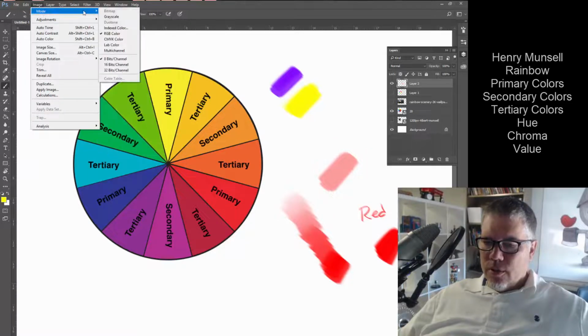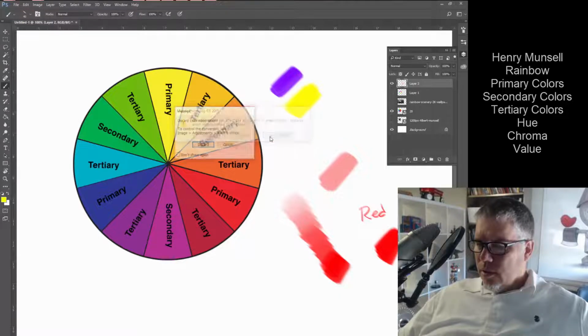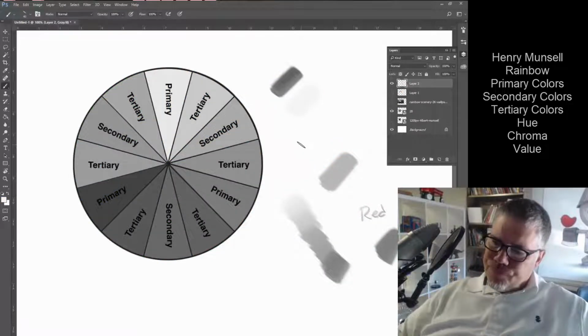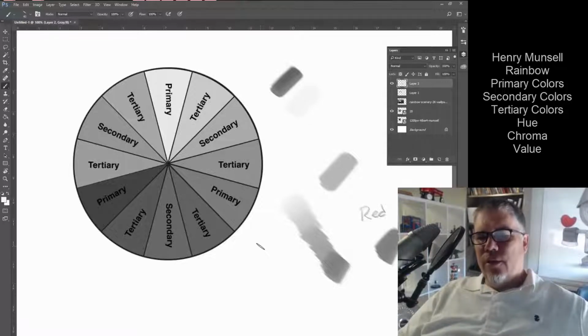So I'm just going to turn this layer into grayscale, and now you can see that the purple color is much darker, even on a value scale using black and white. So that's what we're talking about.